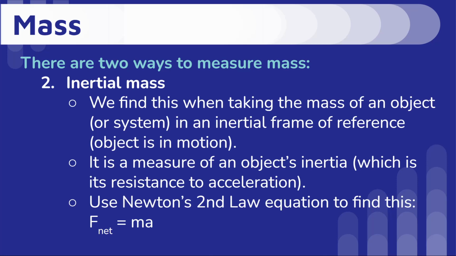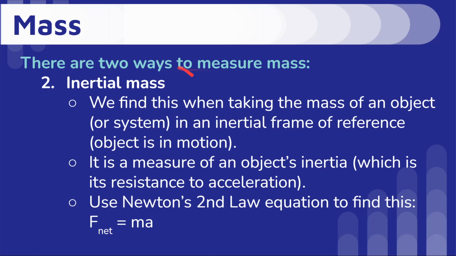Specifically, we talked about the law of inertia, Newton's first law, which stated that an object at rest will remain at rest and an object in motion will remain in motion at a constant velocity unless acted on by an outside unbalanced force. That basically states that an object will maintain its state of motion. It has a resistance to changes in its motion, or a resistance to acceleration.